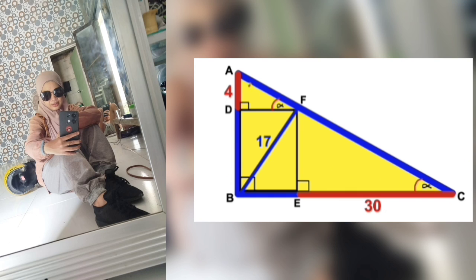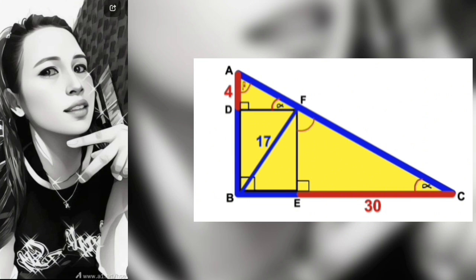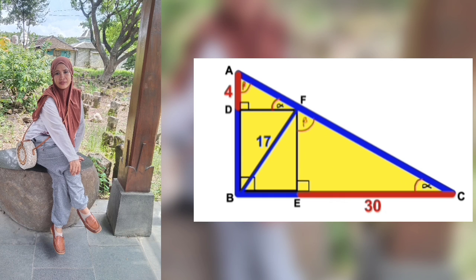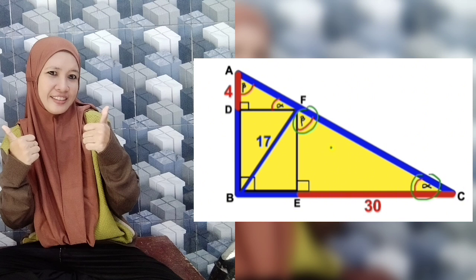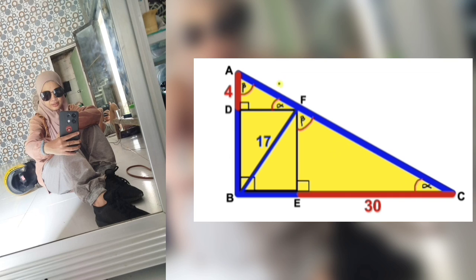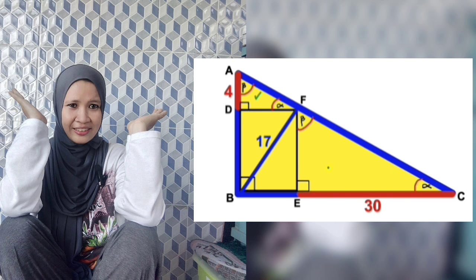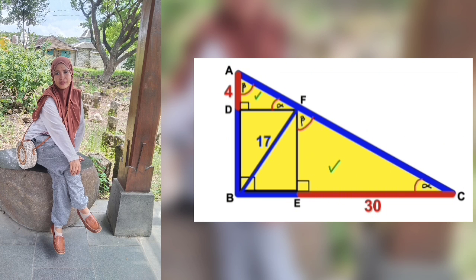And likewise, this angle and this angle are congruent as well, since they are corresponding angles. If this angle is beta, then this angle has got to be beta as well. So therefore we can see that these two angles, alpha and beta, are complementary angles. So therefore we conclude that these two right triangles, triangle ADF and triangle FEC, are similar triangles according to the angle-angle similarity theorem.